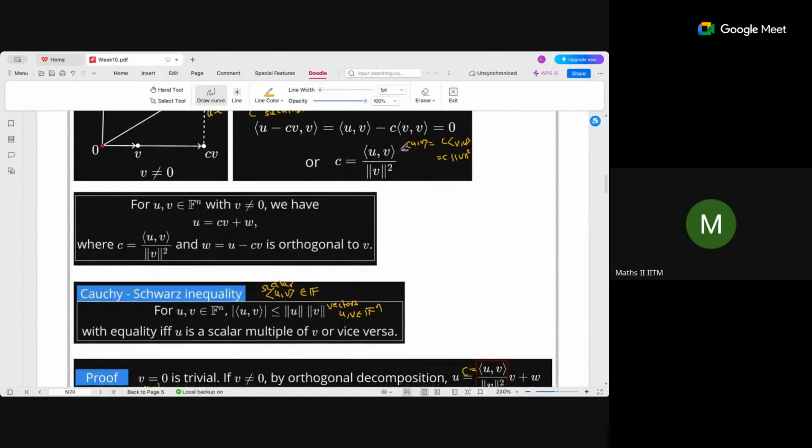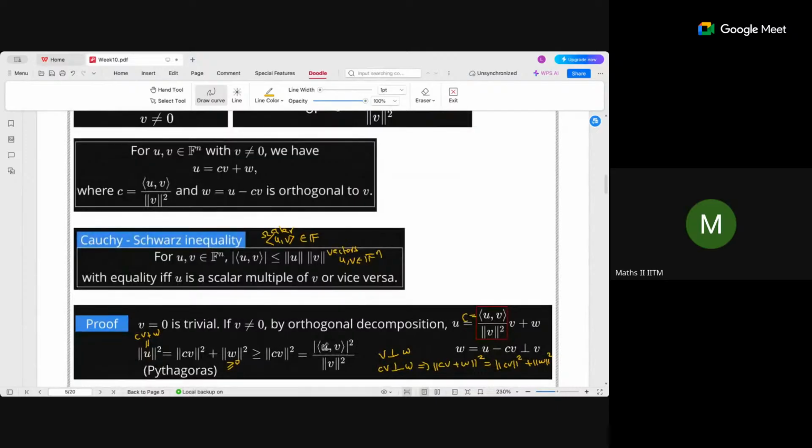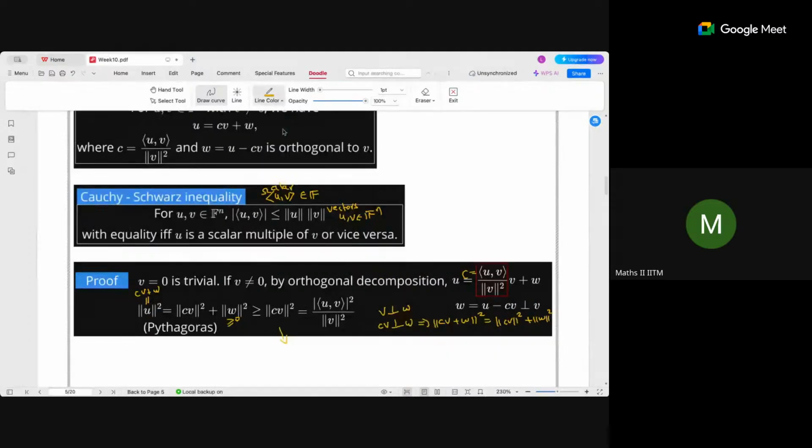You already know that C is inner product u comma v by norm v square. So I'm writing the value of C here. Now this is a scalar, so I'm bringing the scalar outside.